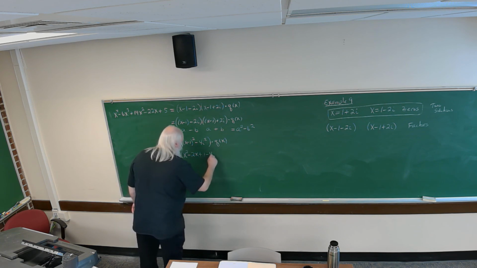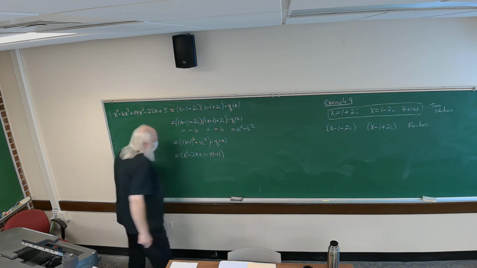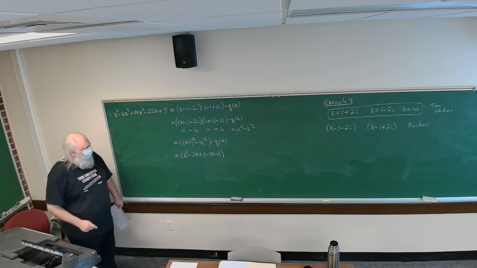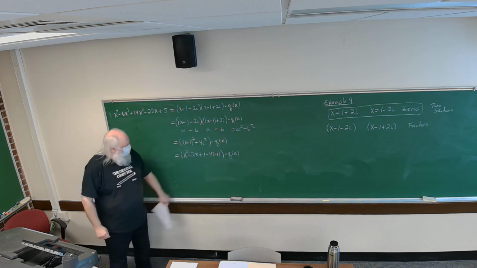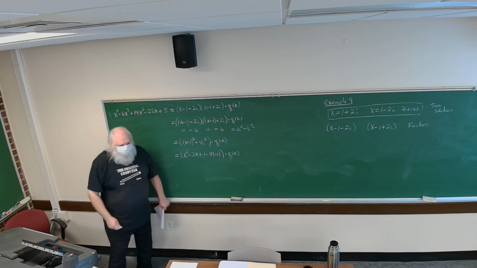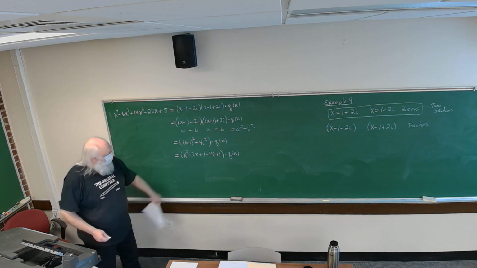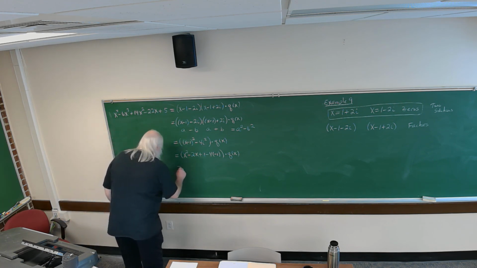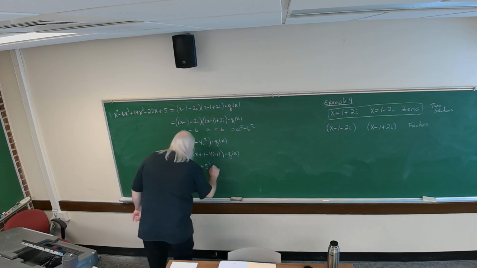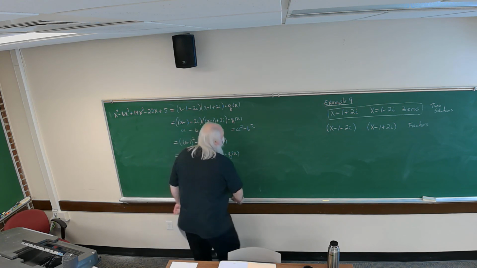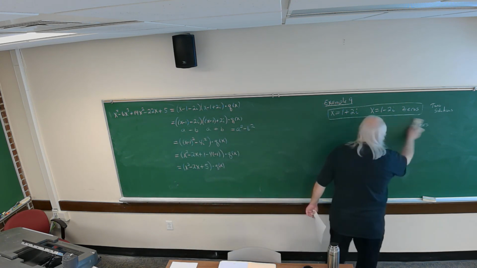And we have minus 4 times the negative 1 times the unknown quotient q of x. And then minus 4 times minus 1 is 4, and 4 plus 1 is 5. So this is equal to x squared minus 2x plus 5 times the unknown quotient q of x.